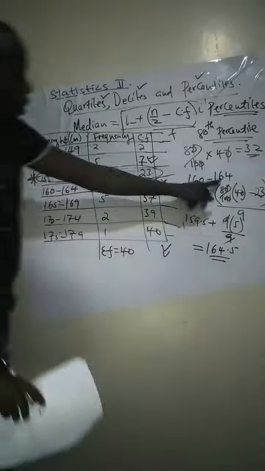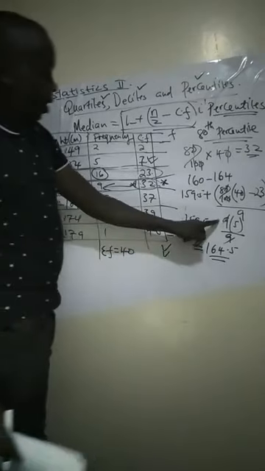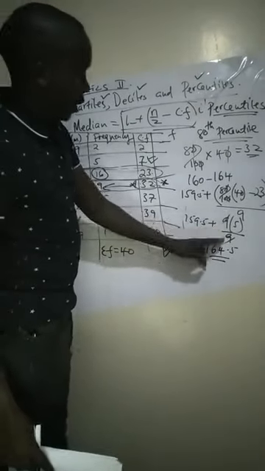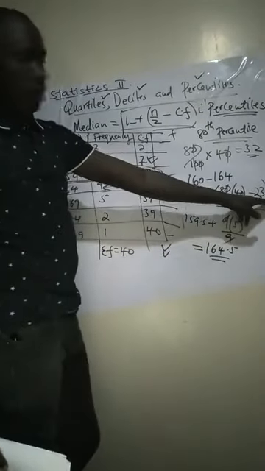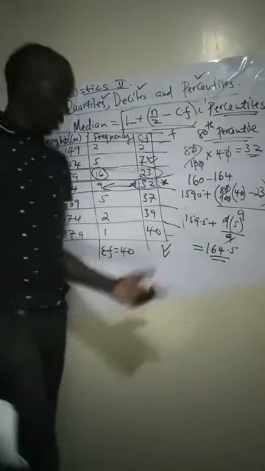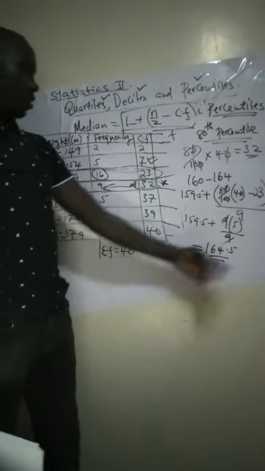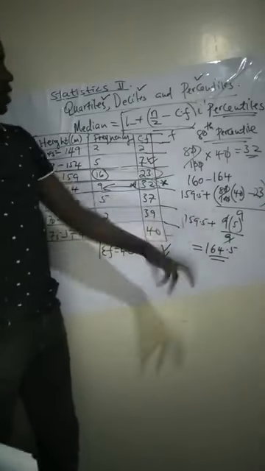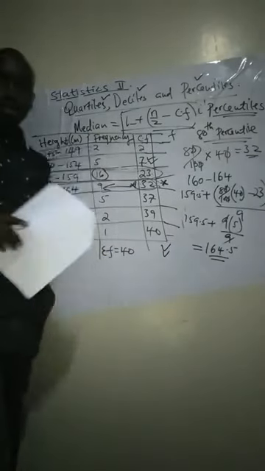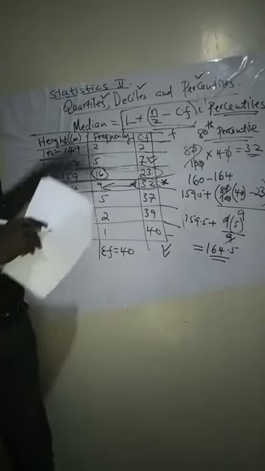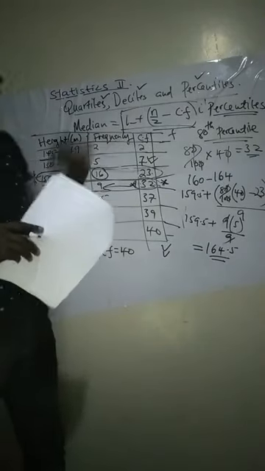So 32 minus 23 is 9, 9 over 9 times 5, the class interval, to give us 5. So 159.5 plus 5 is 164.5. And that is basically what you are required to do in the case of quartiles, deciles, and percentiles.